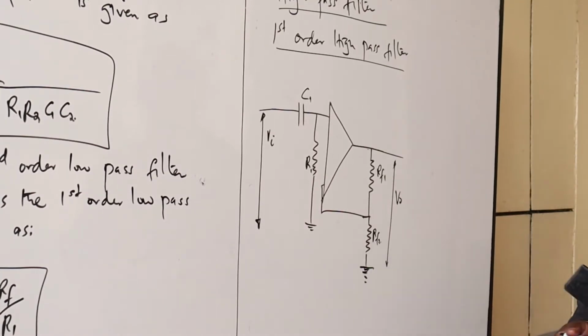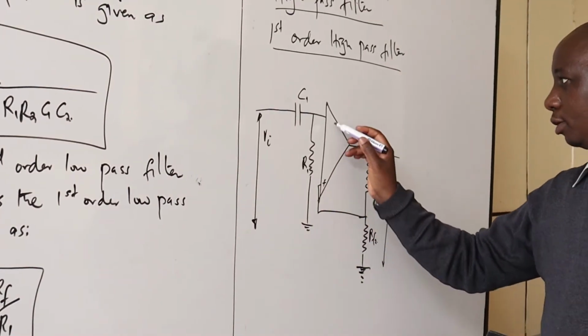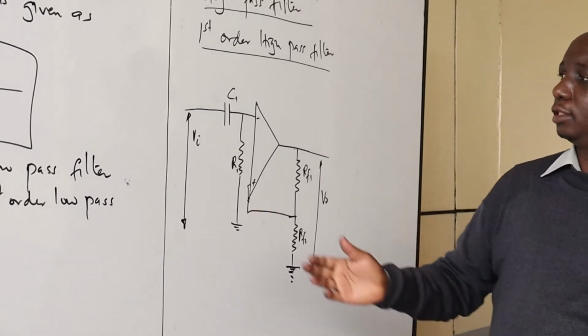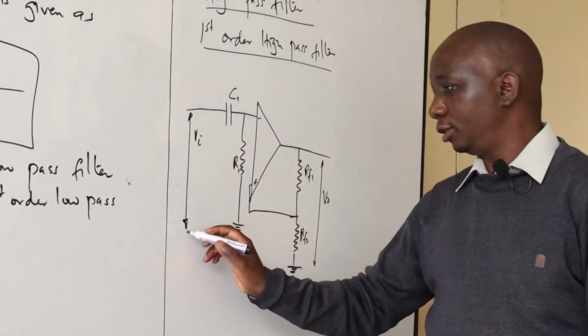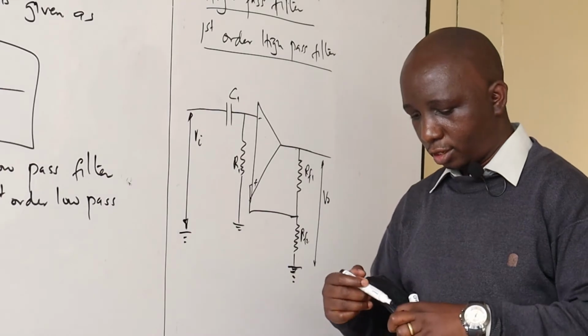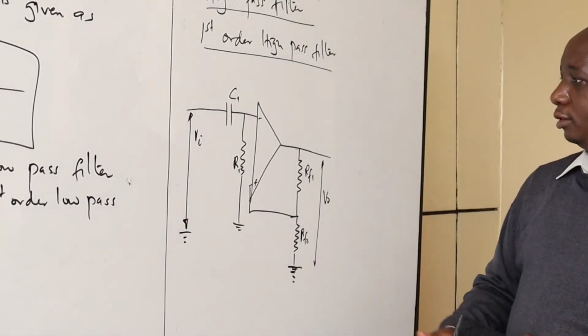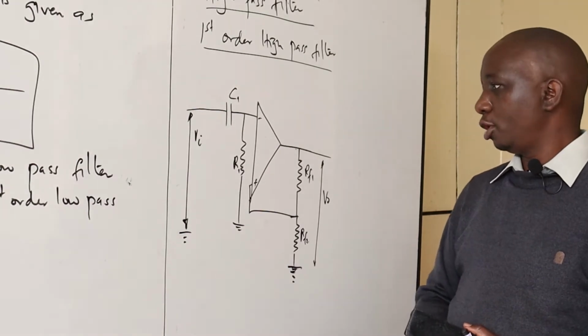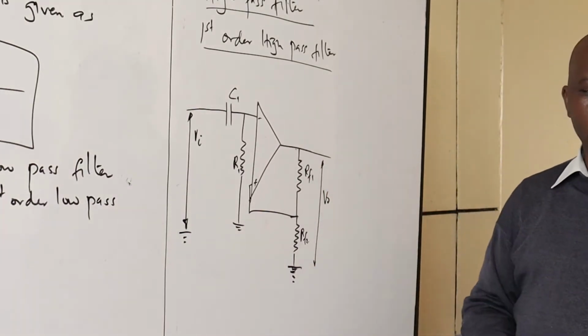So this is how the high pass filter will look like. In this case, the capacitor is connected in series with the input, and the resistor is shunted with respect to the input, but the output circuit remains the same.